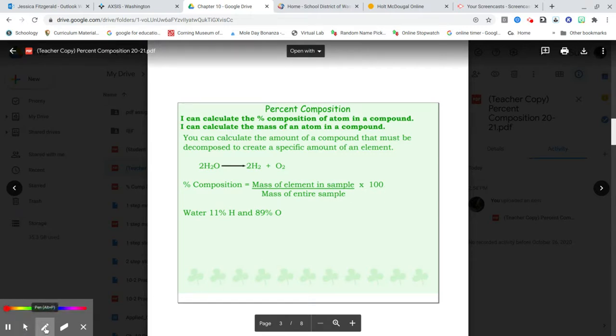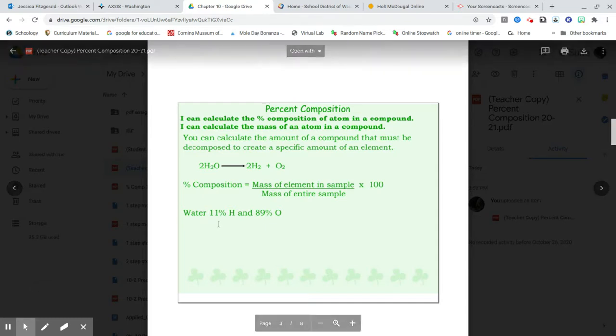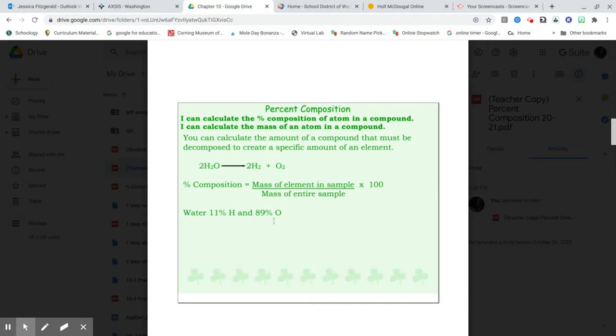So for every molecule of water, it does not matter if you have a glass of water, a bucket of water, or a bathtub or a swimming pool of water, 11% of it is going to be made up of hydrogen, 89% of it will be made up of oxygen.